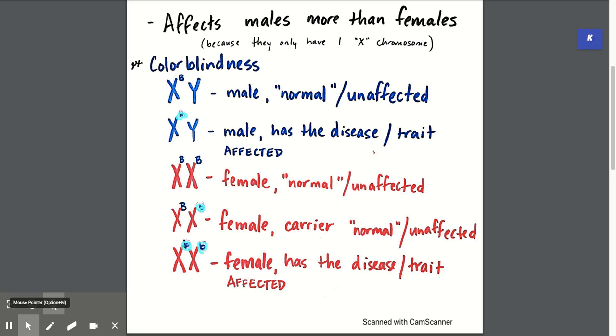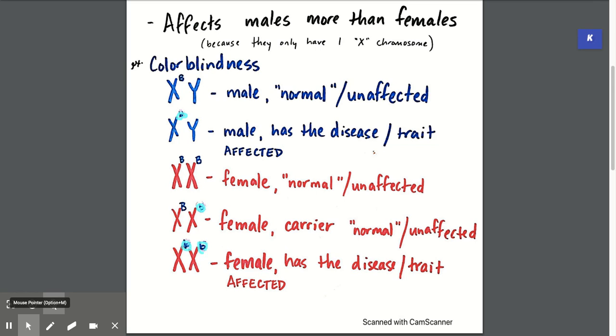So this individual is still male. However, they have this particular disease or trait. And again, it's not very serious in terms of life threatening. Color blindness is not that serious. However, this individual is what we would call affected.